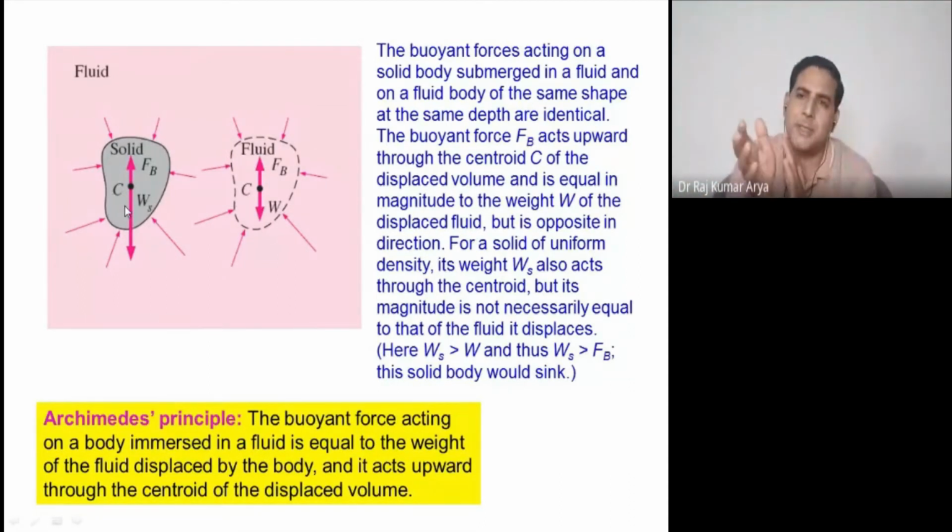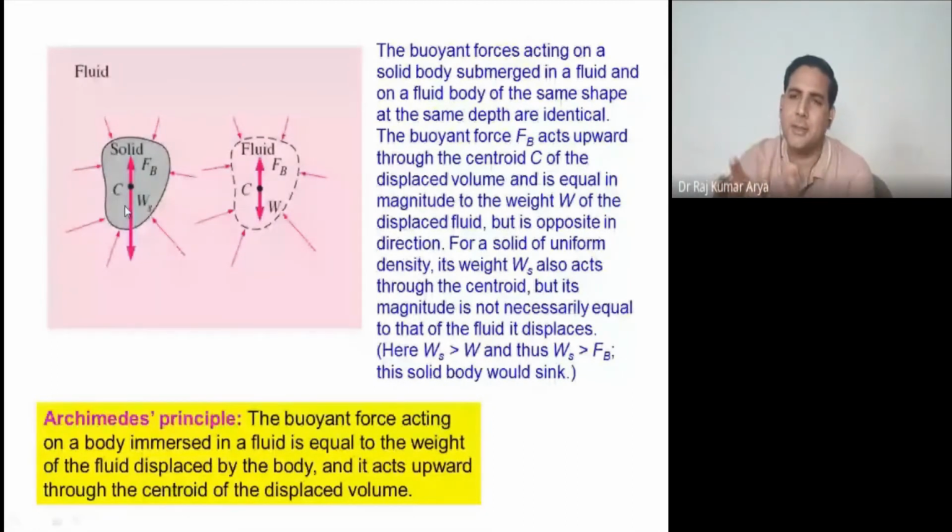A mismatch in that will create a torque, and finally your body may topple down either this side or that side. In the case of a boat, you might have seen that whenever you sit in the boat, the boatman always says some should sit this side, others that side, this should be balanced, and don't move while you sail in the water.